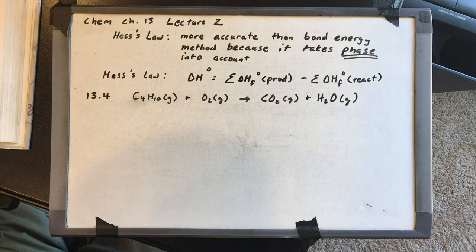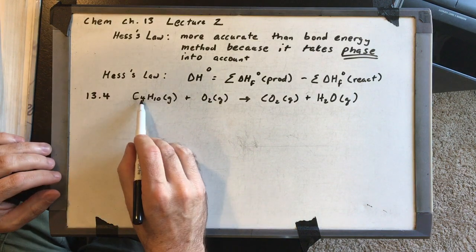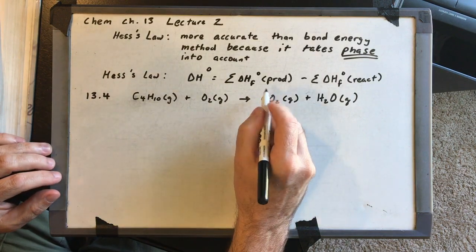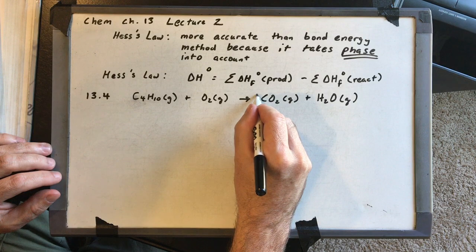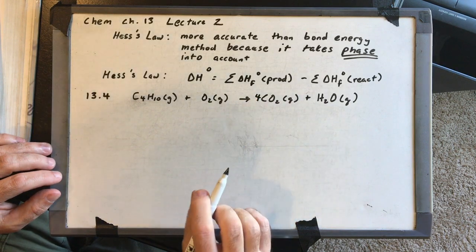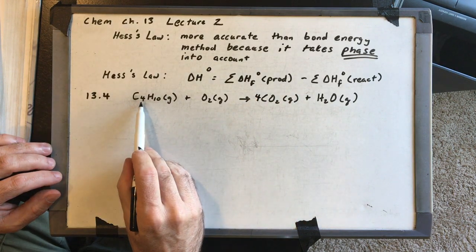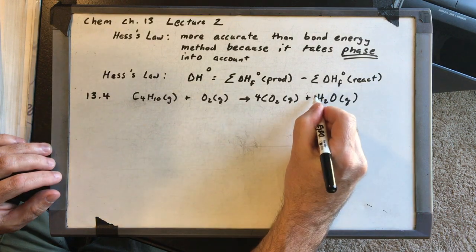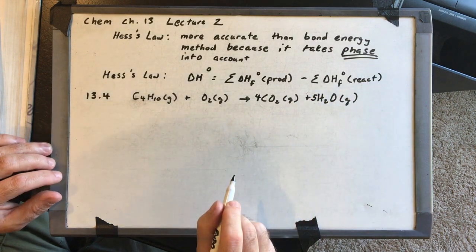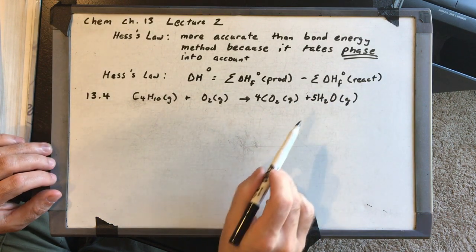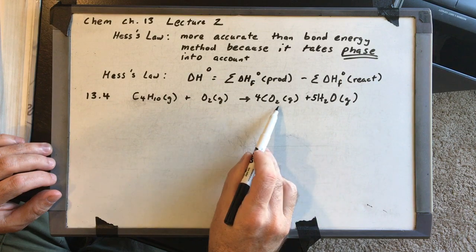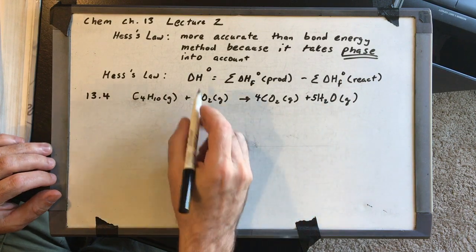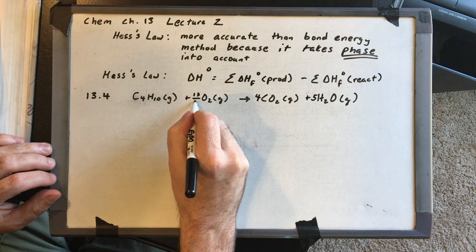Now we need to get our coefficients. We have to balance it. If you go through the balancing process, of course we probably put a 4 right here. Now don't write this down yet because I'm going to be doing some erasing, but a 4 because we have 4 carbons, 10 hydrogens, so let's put a 5. Then that would give us 8 plus 5, 13 oxygens, so we need 13 halves.